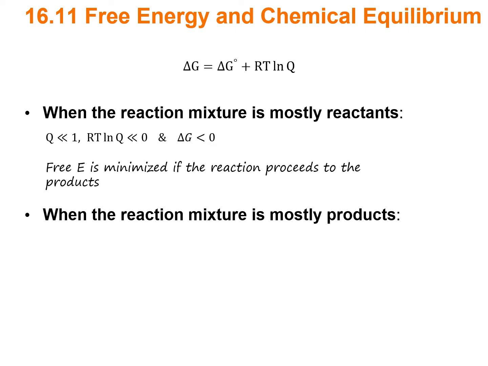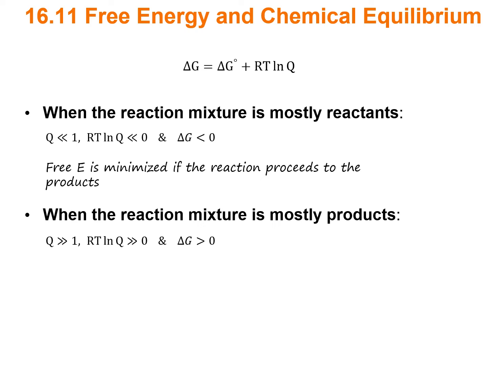What happens when we're looking at a reaction mixture that's mostly products? And I should mention the other thing is that we are minimizing our free energy here as that reaction proceeds. You're trying to just minimize that delta G value. And so if we look again at this reaction that's mostly products, then Q is going to be much, much greater than 1.